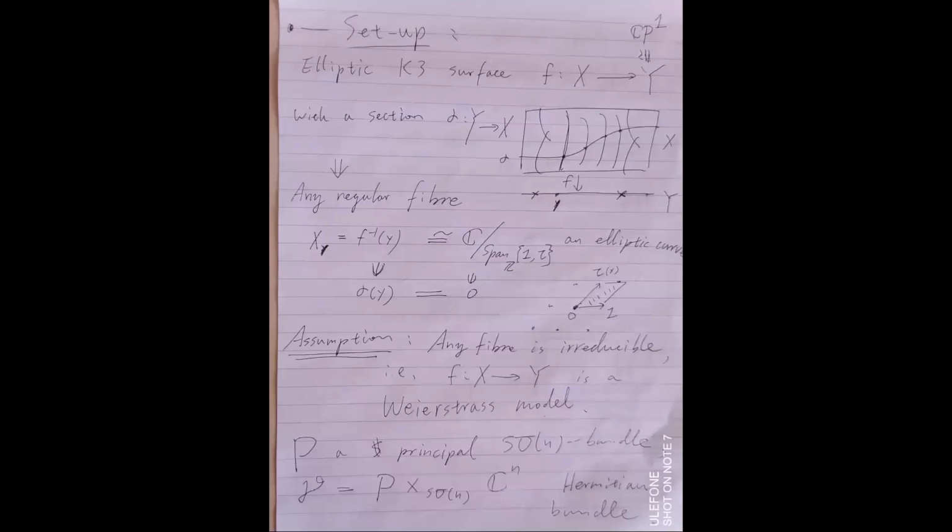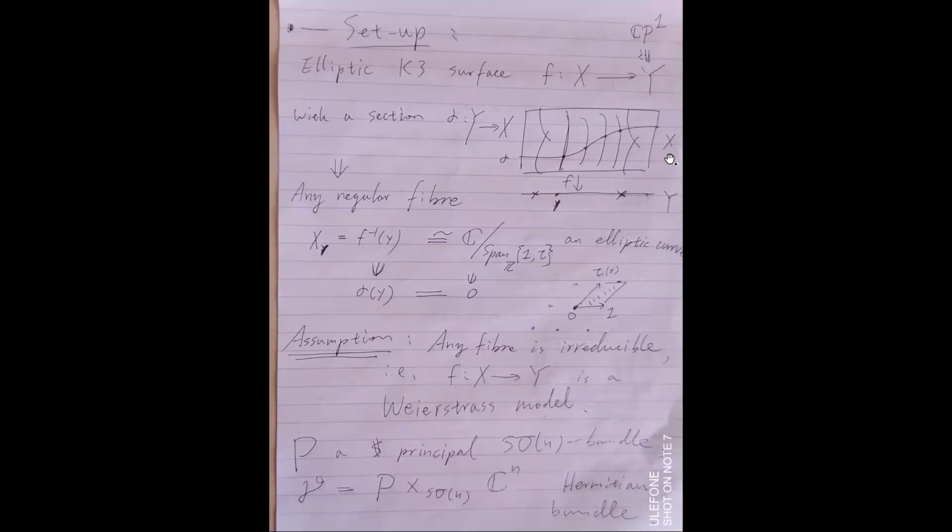Okay, so now in our formal setup, we consider an elliptic K3 surface from X to Y, and Y is the base, so it's just CP1. We assume the elliptic K3 surface has a section here.